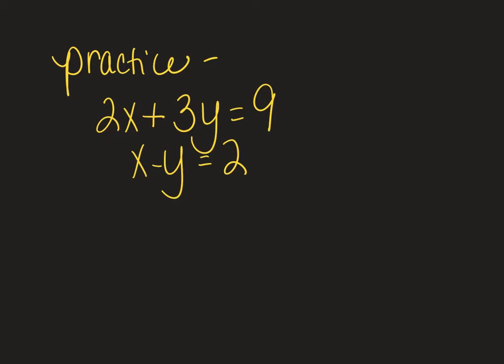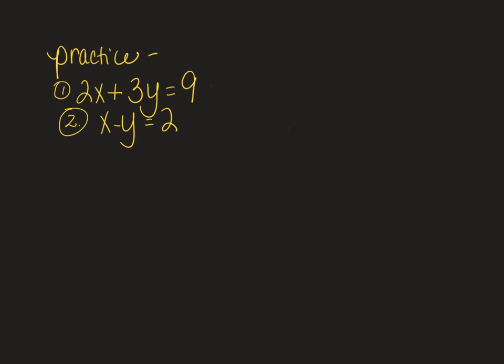All right, let's practice some. So here we have two equations, equation 1 and equation 2. Now, I'm going to choose an equation to work out, and of course I want to choose the easier one first. And so I'm going to start with number 2, okay? And I'm going to start by solving for x, okay? So let's just move this over here and go first, okay? It's our first step.